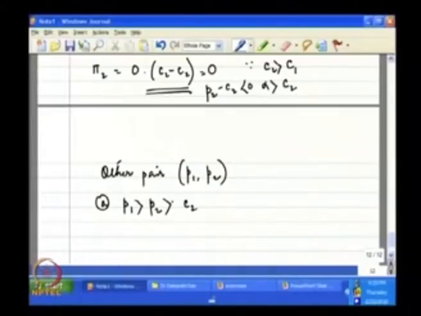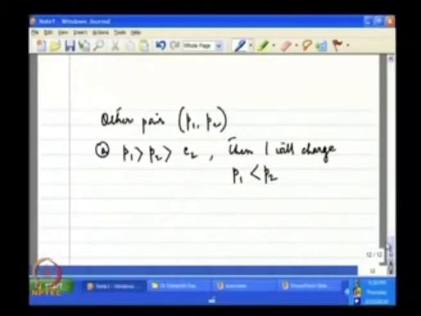In that case, is that a Nash equilibrium? The answer is no, because then firm 1 will charge P1 strictly less than P2. So, deviation is profitable.